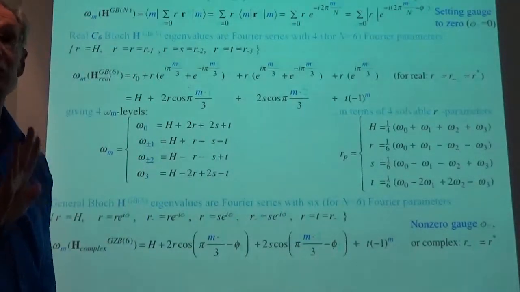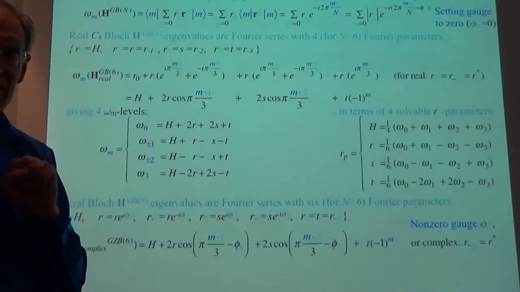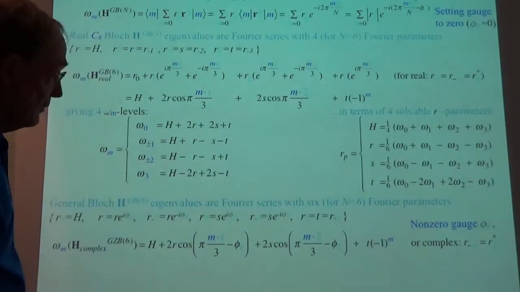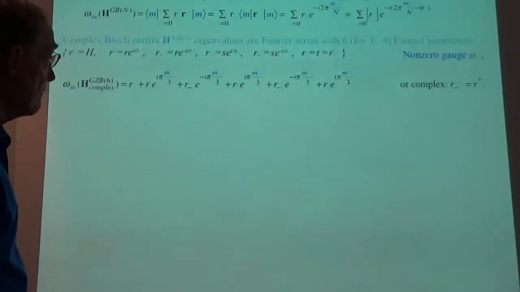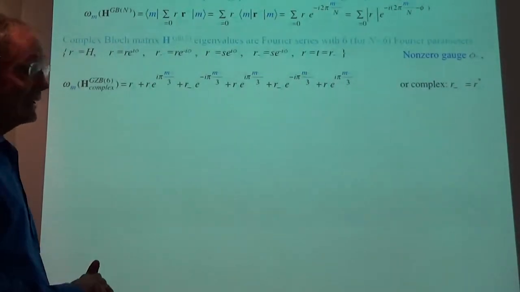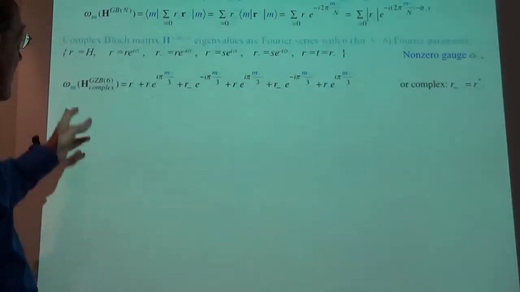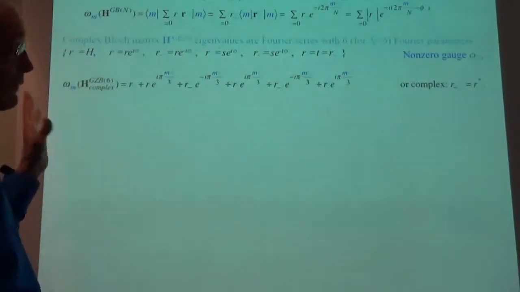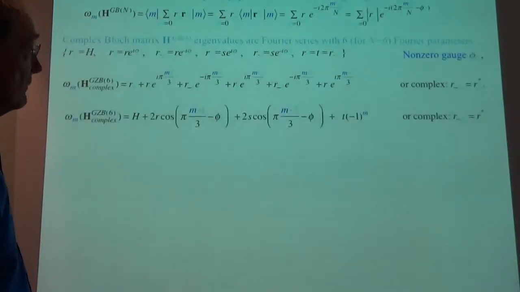Now you've got 6 parameters. 6 real parameters. To give you 6 real eigenvalues for the Hermitian operator. Hermitian operators have to have real eigenvalues. Okay, and this, if it's a unitary operator, well, no, then we have more parameters. But for the Hamiltonian, this is the end of the road.